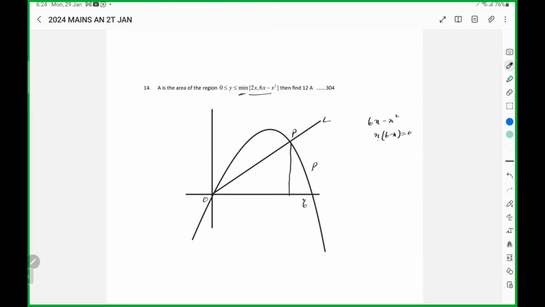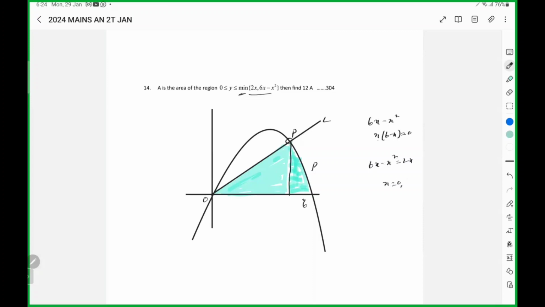So you have to find this area: the triangle area plus the remaining area. Where they intersect, 6x minus x square is 2x.